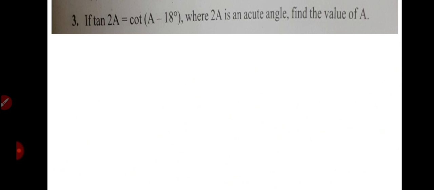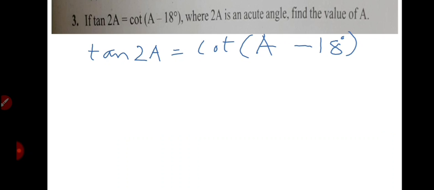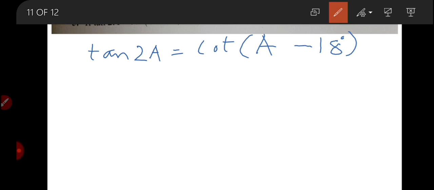And then next, question number 3: tan 2A equal to cot(A minus 18 degree), where 2A is an acute angle. Then find the value of A. We have to find the value of A. 2A is an acute angle. So let's do. This is given: tan 2A equal to cot(A minus 18 degree). So we should write tan in terms of cot.